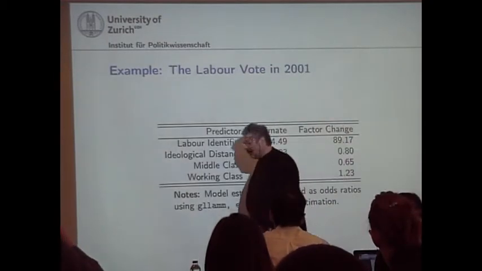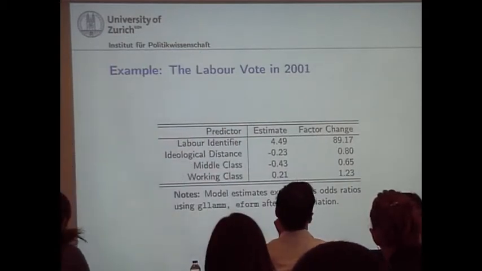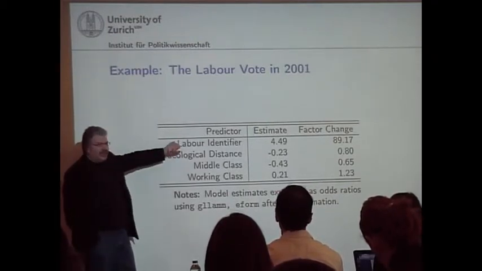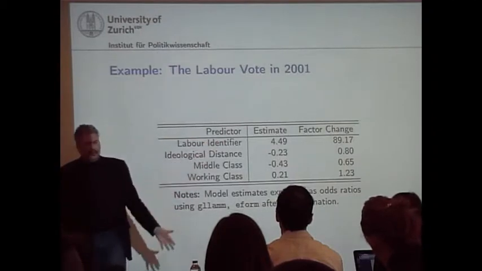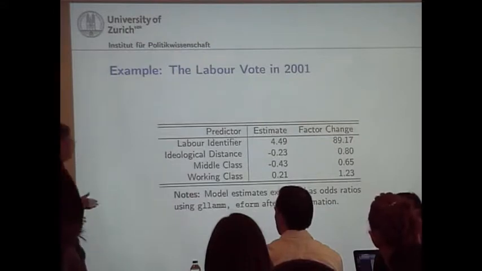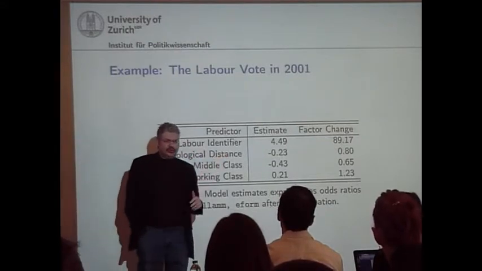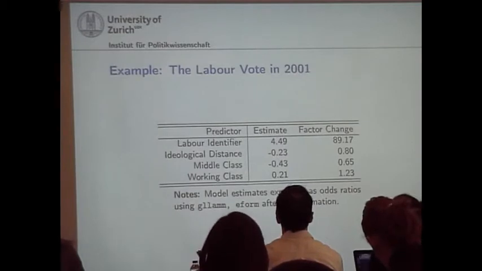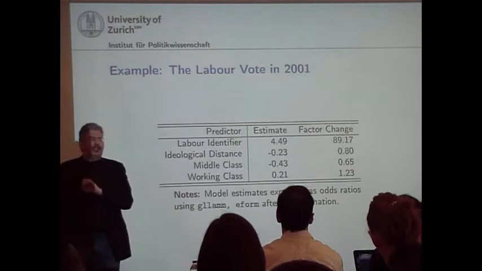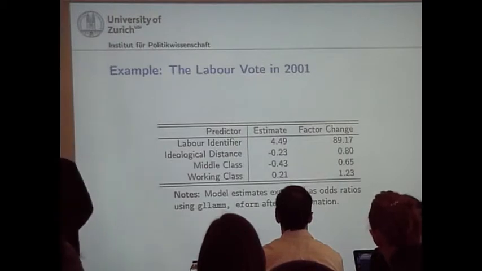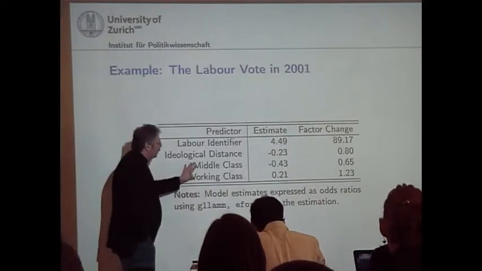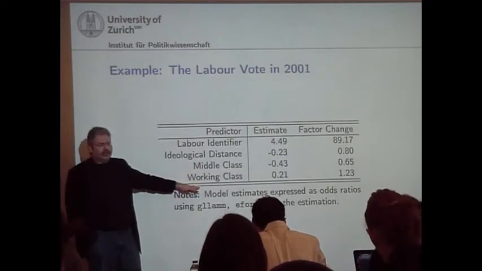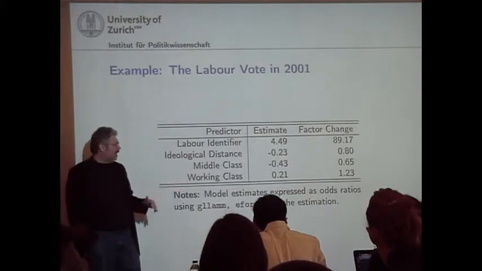So if we go back to this example of voting for Labor in the 2001 elections, we had these predictors: Labor identifier, a 0, 1 predictor, 0 if you don't, 1 if you do identify with Labor; ideological distance, which ranges from 0 to 10, 0 if your position coincides with Labor's position on the left-right scale, 10 if you see yourself at the opposite end of the ideological spectrum from Labor; and then 2 class variables, middle class and working class, 2 because the baseline category here is people who don't identify with class.